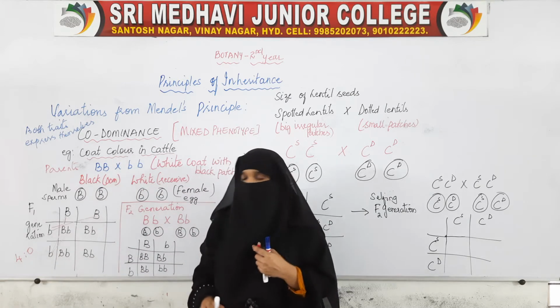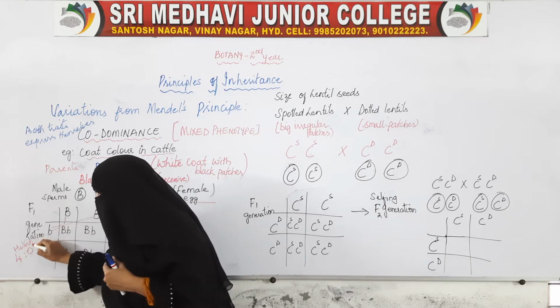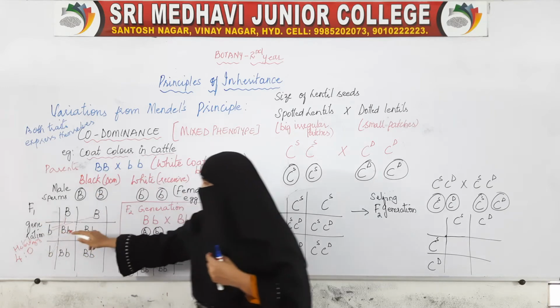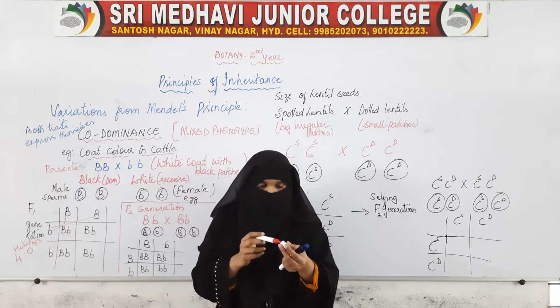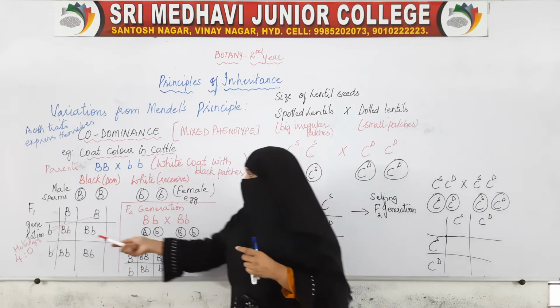All four of them are heterozygous because it is capital B and small b.